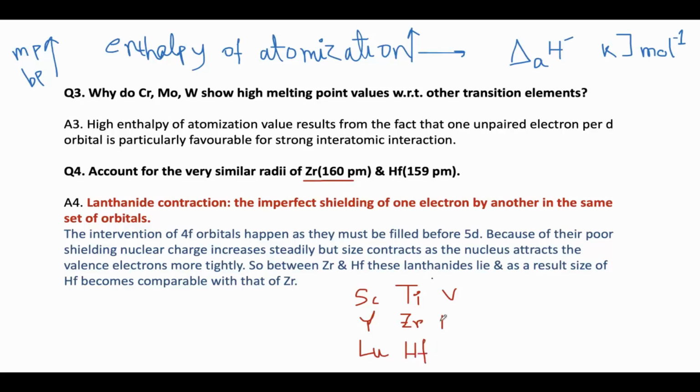Below vanadium, we have niobium, and below niobium, we have tantalum. We will not go beyond that, because this is the region of the question. Here we have the s block elements, and on the right-hand side the p block elements. Here are the other d elements.